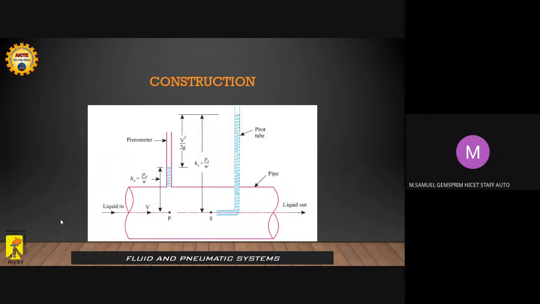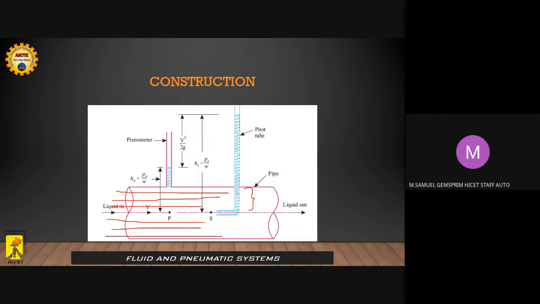Here the main concept is that the kinetic energy of the moving fluid gets converted into pressure energy. Let me explain it easily. Just consider this pipe of moving liquid or fluid. The fluid is flowing in with a particular mean velocity.